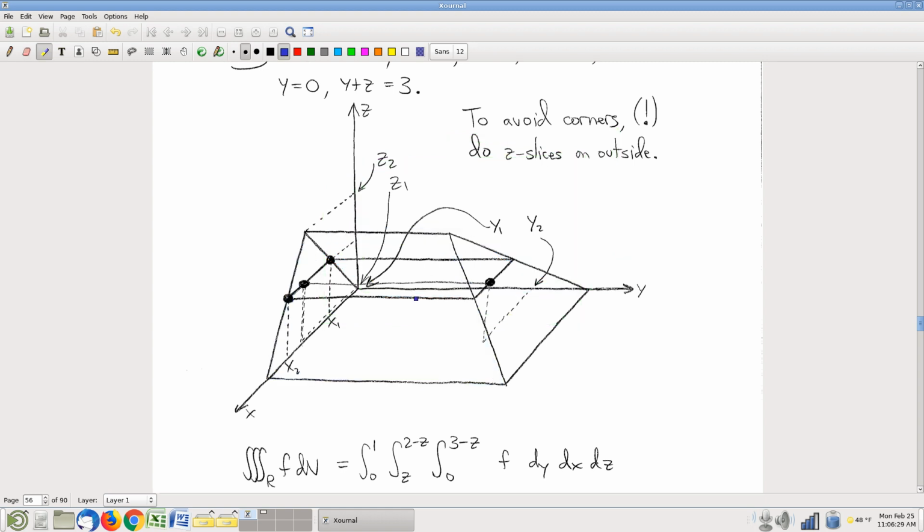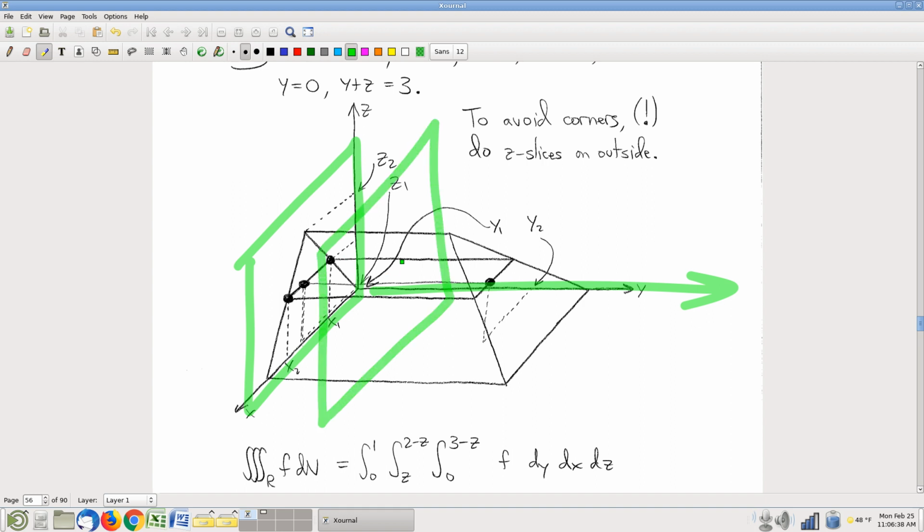So what about Y slicing? Let's do our Y slicing first. Here are our Y slices, and they look kind of like this. You can see it coming. We're going to slice through that corner, and something really terrible will happen once I slice through that point.